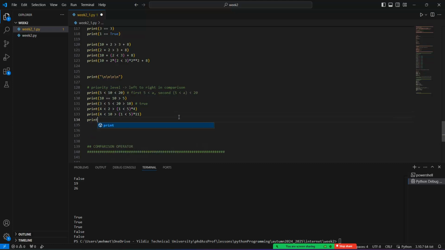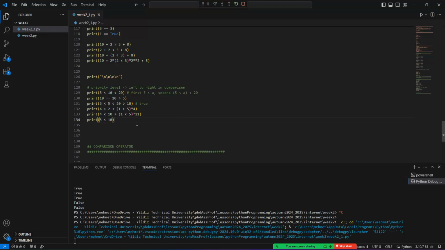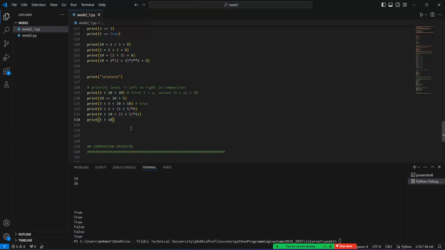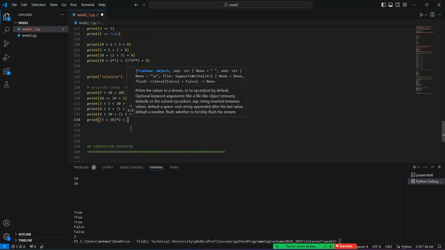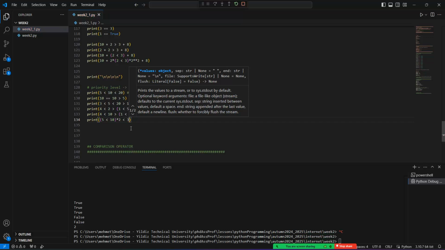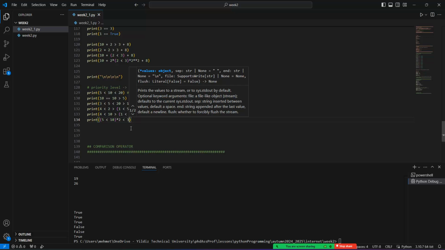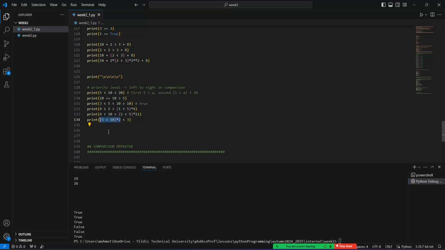For example, 5 10, okay, this is true, but if I multiply this condition by 2, this is converted into an integer value, okay. And so if I run this code, and now for example 2 3, this returns the true value because in the first place this code is run, not this one, okay.